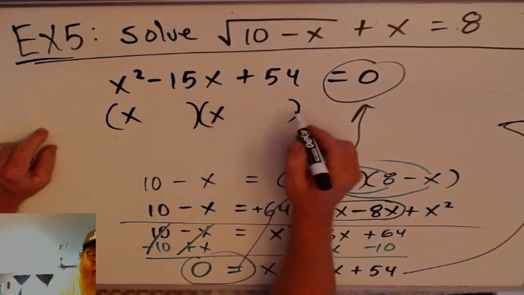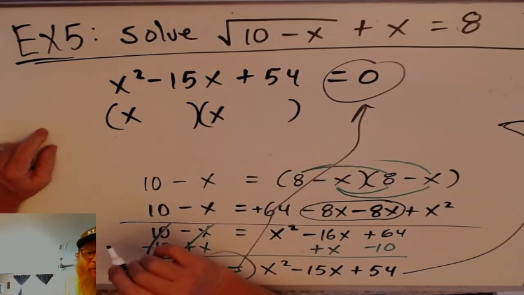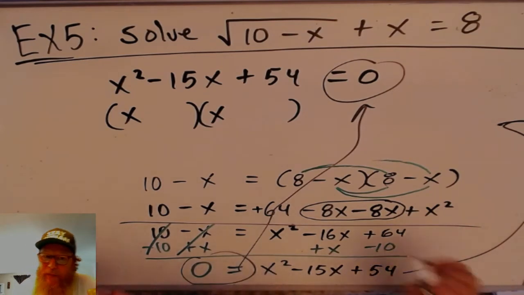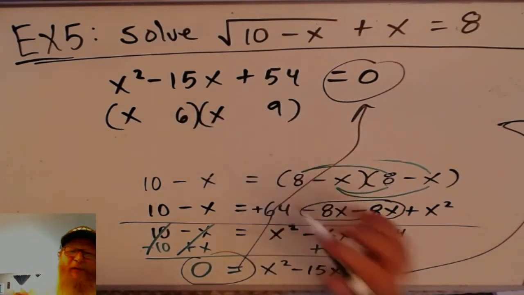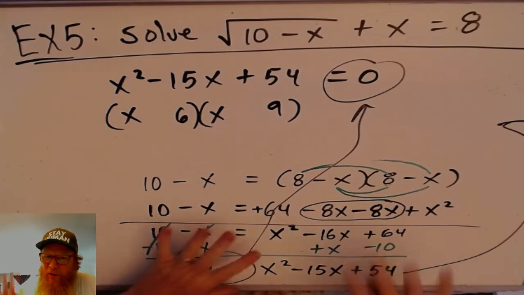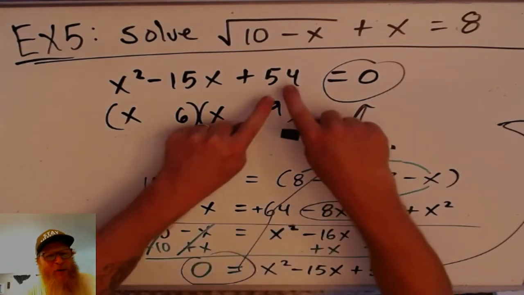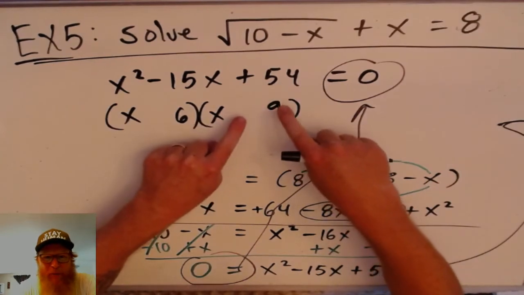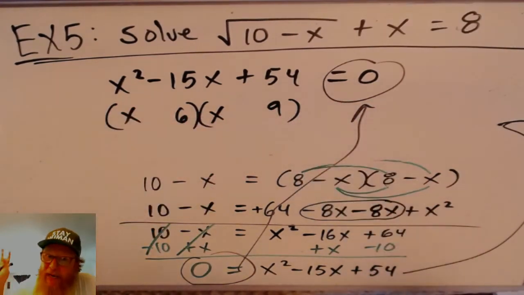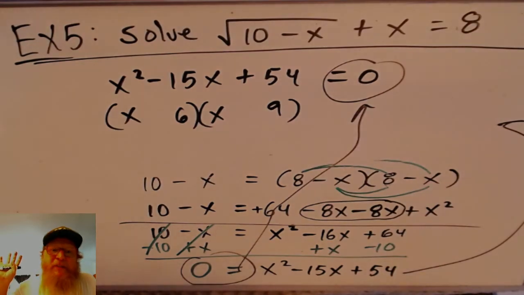So you have x and x, 2 numbers that multiply to be 54. Remember my promise, they're always going to be nice factorable numbers like 9 and 6. I'll give you a little hint on the homework or on the test. If you don't get a nice factorable problem in this particular type of problem, I'm not saying forever, I don't want you to misinterpret what I'm saying.